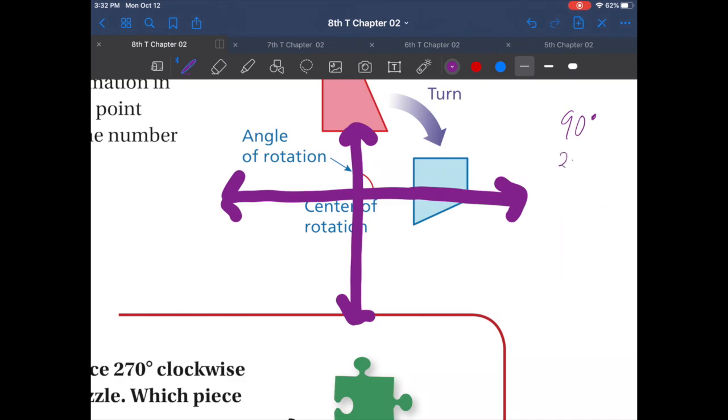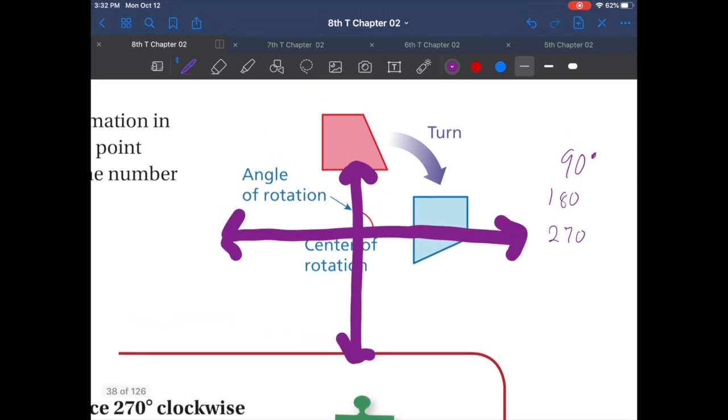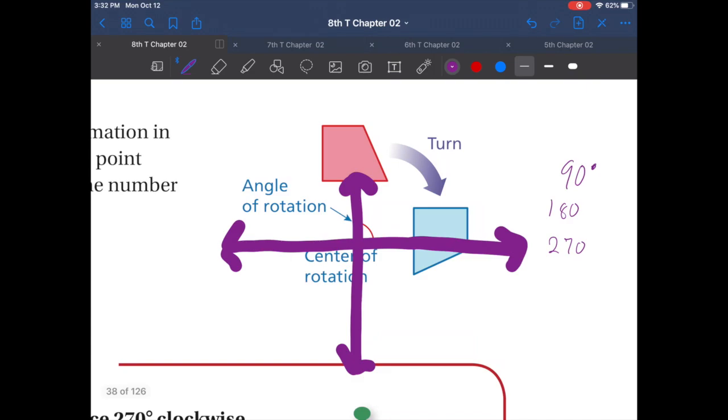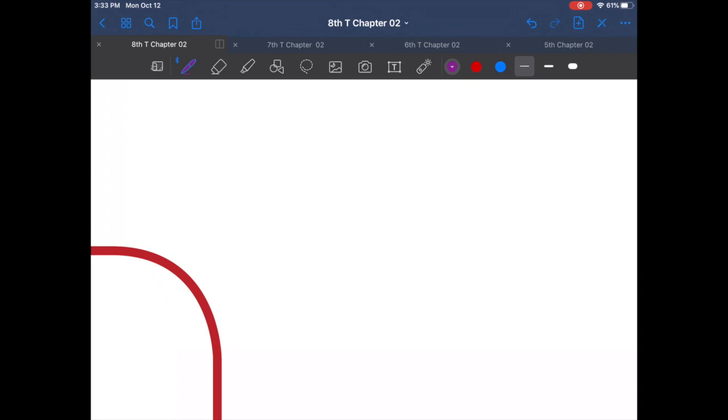You'll see 90 degrees, 180 degrees, and 270. Okay. So it goes in sections. So if this red one started here, so if this was number 1 and then this was number 2, this would be considered a 90-degree rotation because it only rotated once. So I'll do this again in a graph, all right?